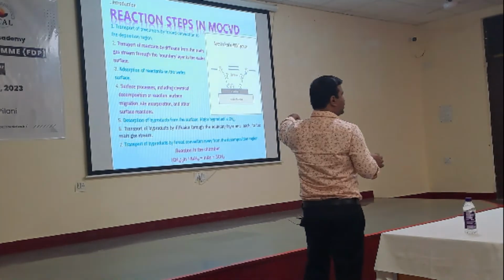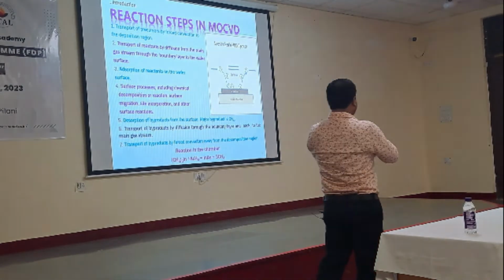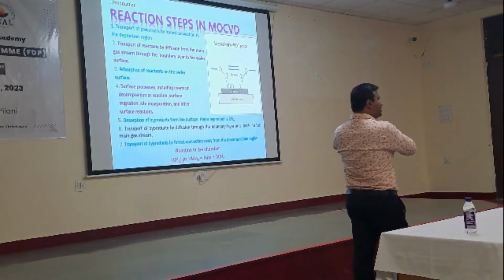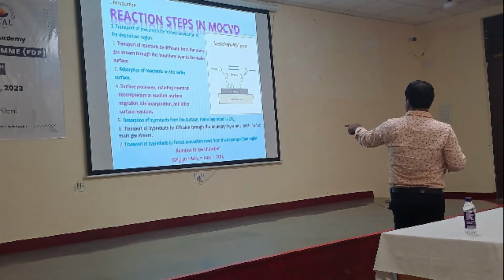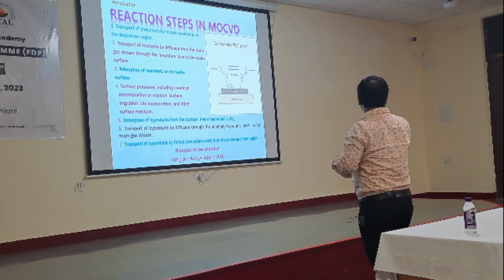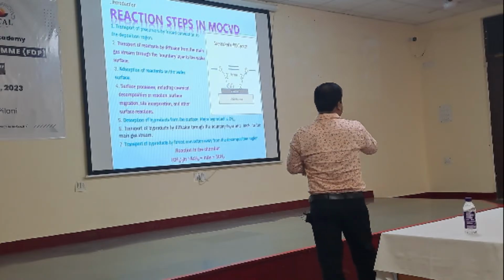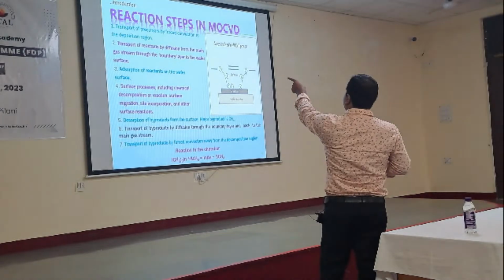The indium arsenide quantum dot. When you go from bulk to nano, rather than continuous levels, discrete energy levels will be created. Those discrete energy levels will be created in the case of the indium arsenide quantum dot. Later I will show you. Those discrete energy levels are responsible for storing the charges.